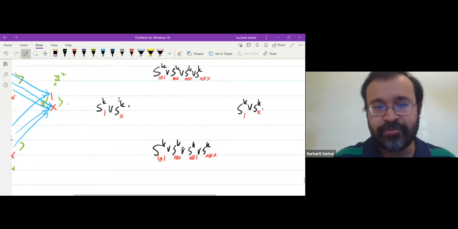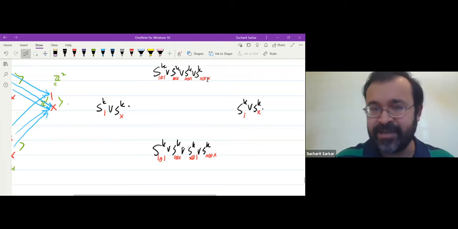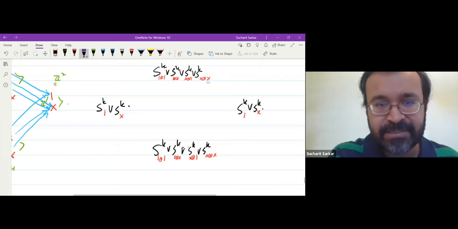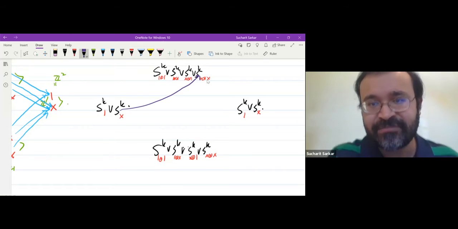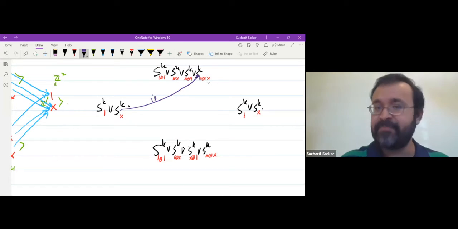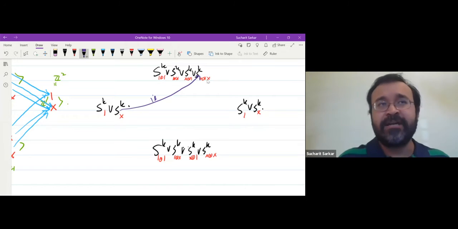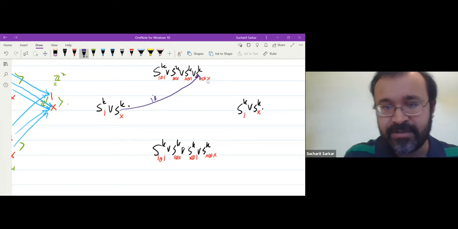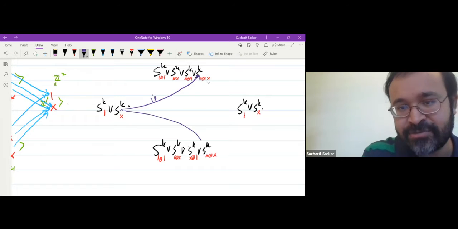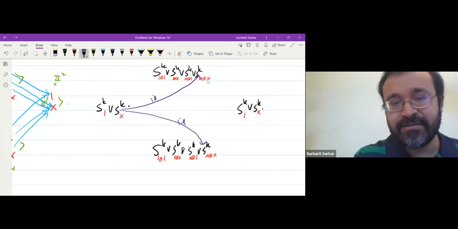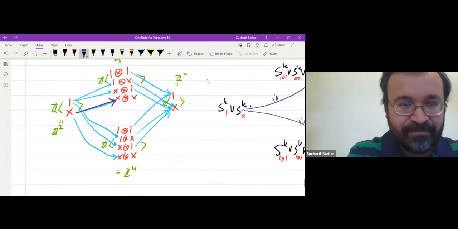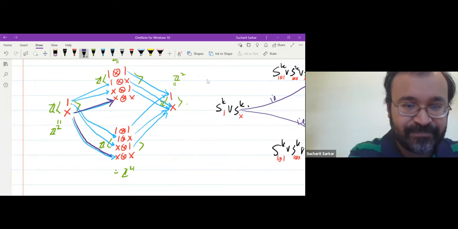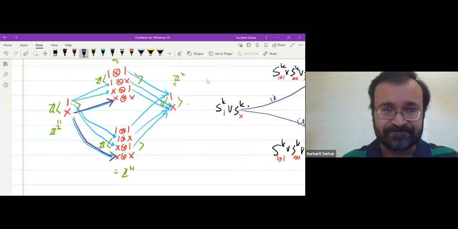So I just map this S^k to this S^k, which is X tensor X. So just map this sphere to that sphere summand by the identity map. And if I take the identity map from a sphere to a sphere, its induced map on homology is the map 1. So that's easy. So I can do this. Okay. So the purple ones are the ones I am already done with.